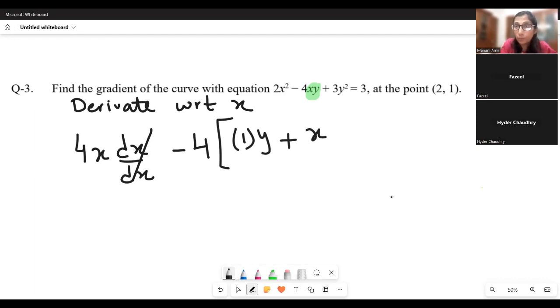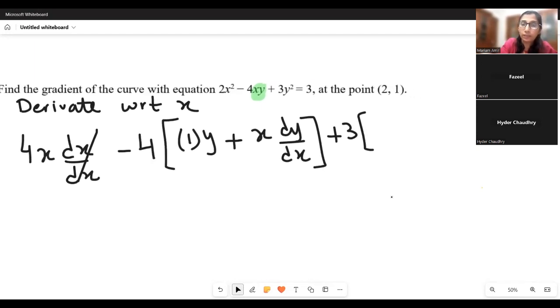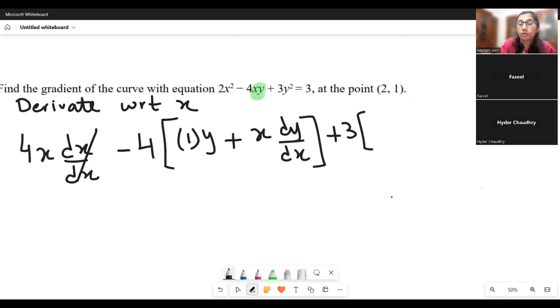We're differentiating it with respect to x, so it's going to be dy over dx, bracket close, plus 3. And now we have to differentiate y squared with respect to x. So that's going to be 2y, but we're not done because we're differentiating with respect to x. It's going to be dy over dx with that. Equals derivative of 3, which is 0.